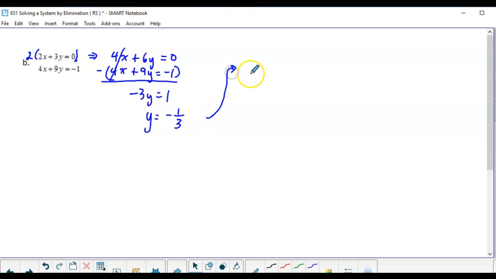Then I'm going to substitute that back into one of the equations. Doesn't matter which one. I'll put it into the first one. But I'm going to put it into the original first one. Okay.